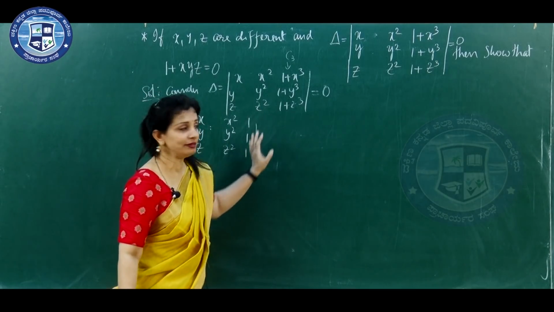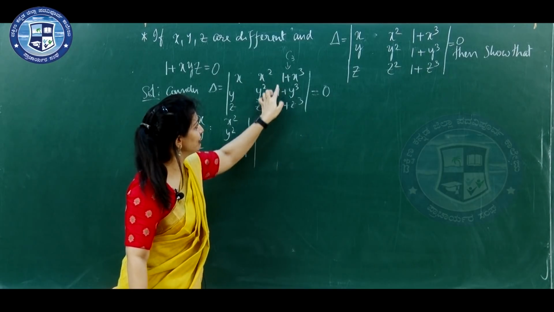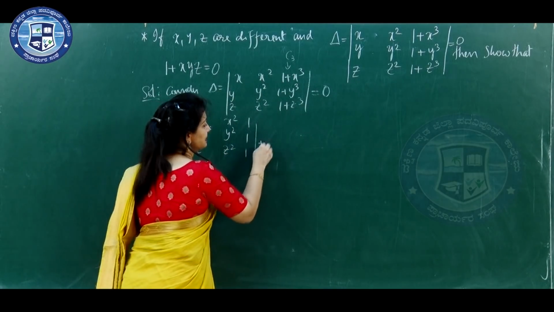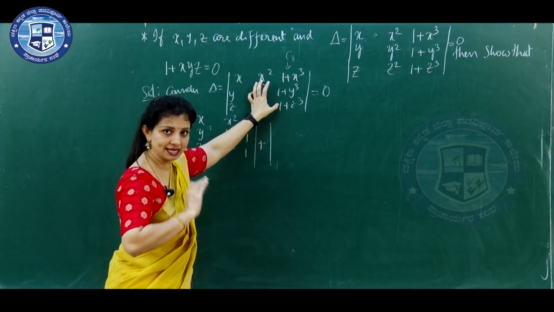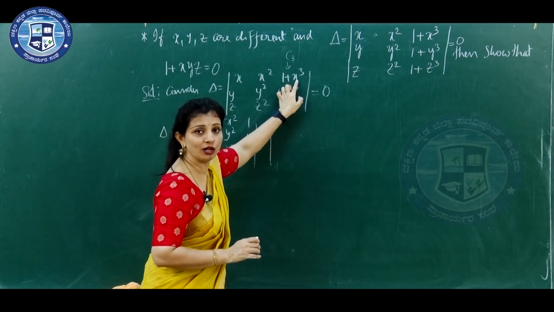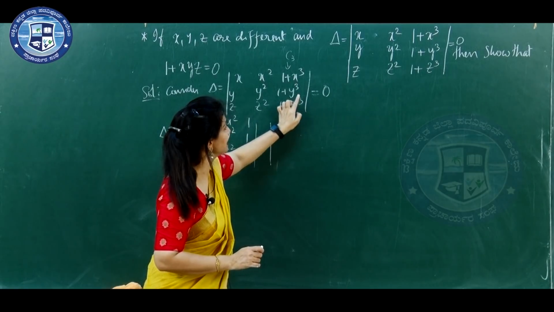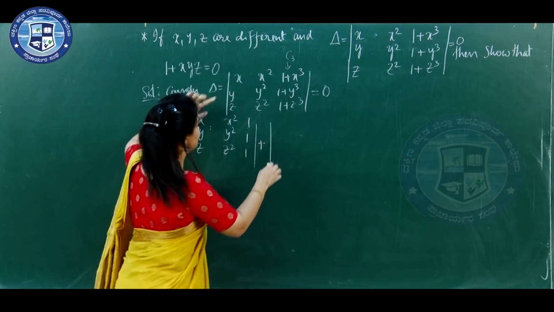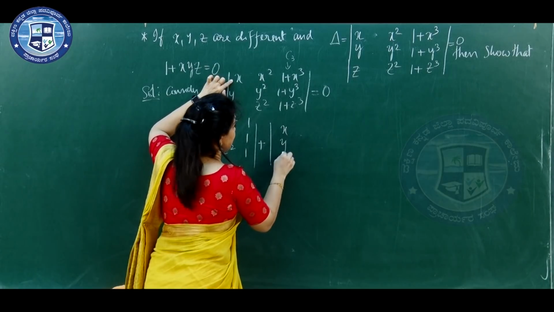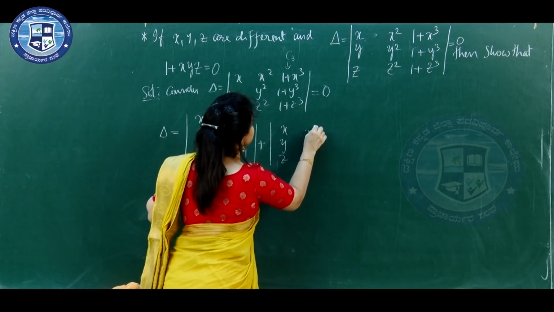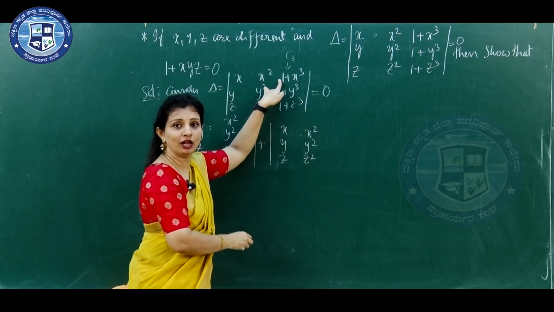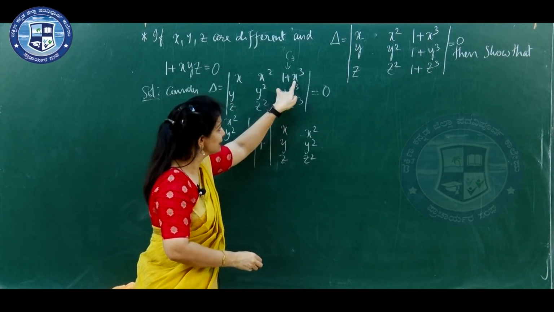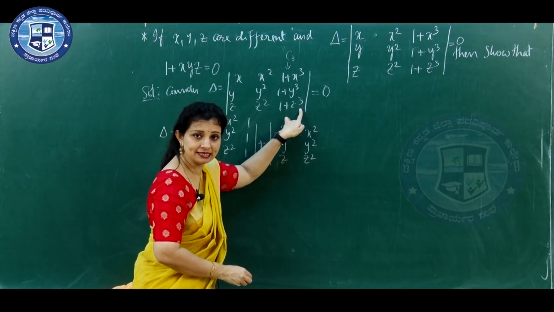First determinant we will take first elements only, 1 1 1, plus second determinant. First column and second column elements are same, only the third column elements we are going to write x cube, y cube, z cube. So it is x, y, z, first and second column elements are same, look at this. Now third column elements are x cube, y cube and z cube.